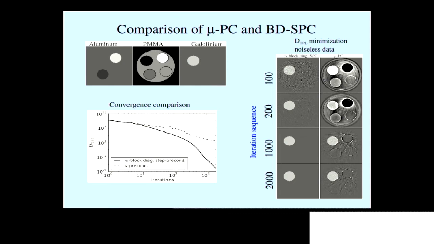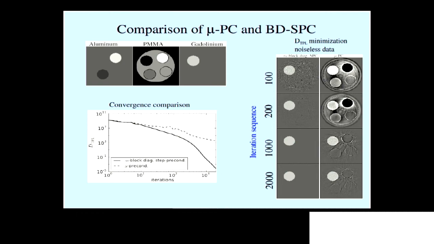So in this figure, I'm just showing the gadolinium image as a function of iteration number. Going from 100 to 2000 with just that straight algorithm, it takes a long time for that gadolinium image to settle down into something recognizable as a gadolinium map, all right?